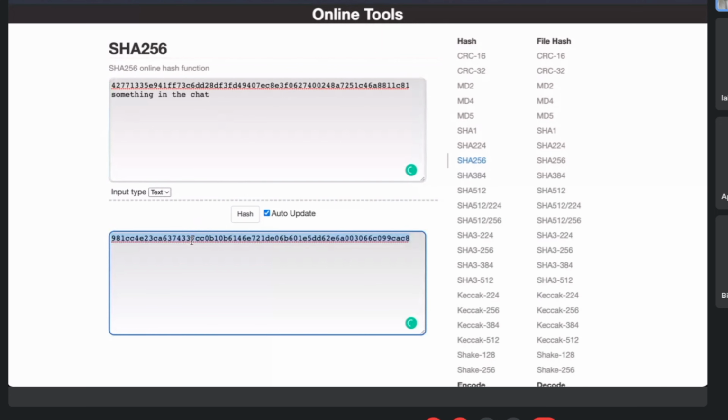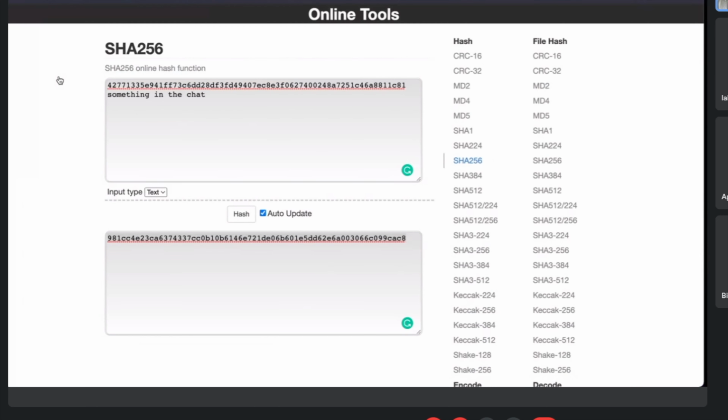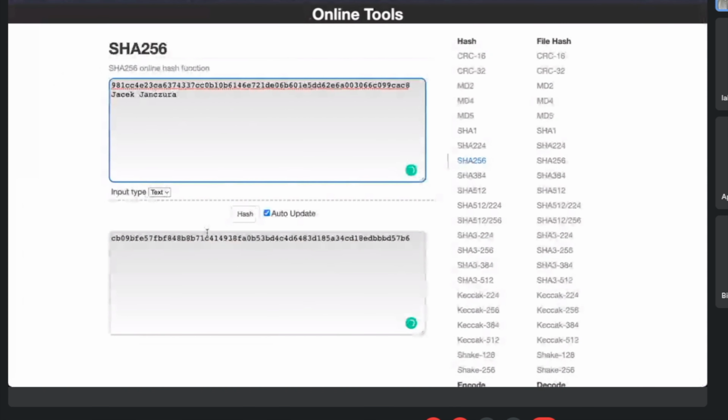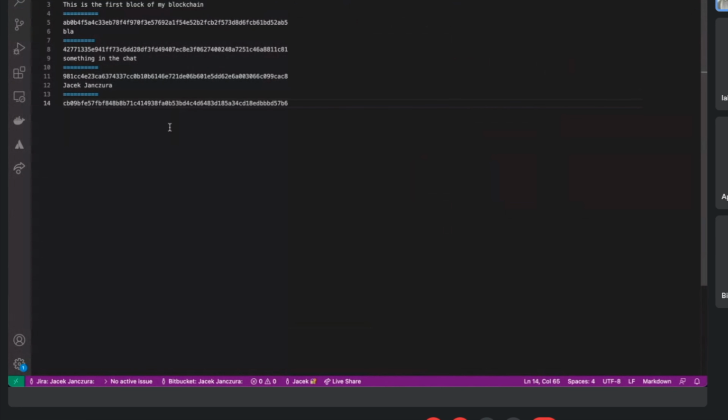We take the new string, we put it on top of the new block, and I can put here my name, Jacek Janczura. We can hash it, and that's the hash of this block.